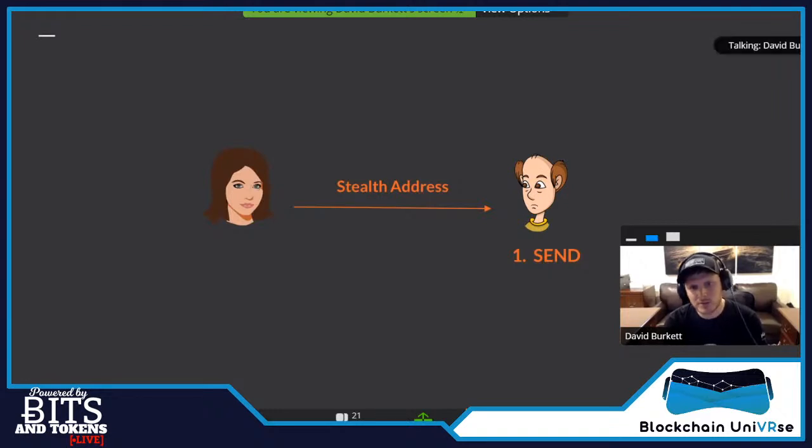But what you really need to know is you add a little extra data to each output, where the sender actually creates the whole transaction. They create an output for the receiver. So they create the coins for the receiver, and then they share the private key with them as part of the on-chain data. So they kind of encrypt it to their stealth address so that only the receiver can then recover that private key.